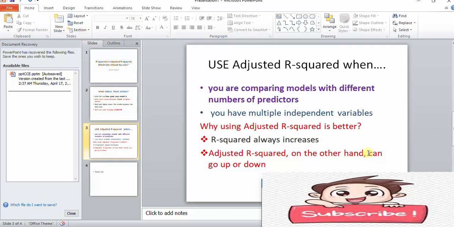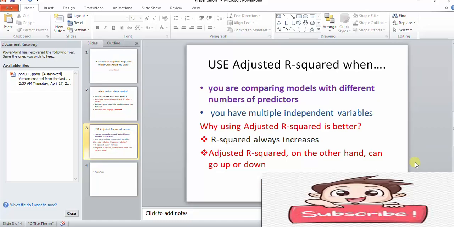So R square always increases when you add an additional independent variable. But adjusted R square, on the other hand, can go up if the additional variable has a role to improve the model, or go down if the additional independent variable has no role or contribution for the improvement of the model.